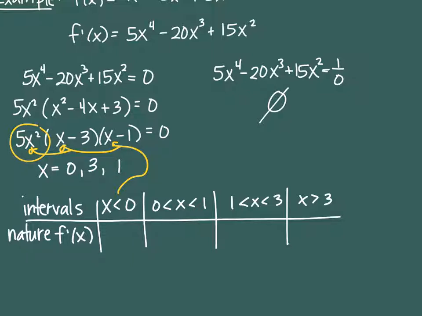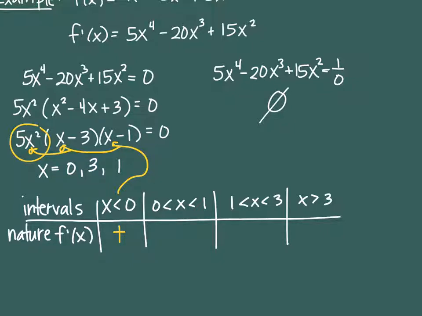What about x minus 3? A negative number. What about x minus 1? Okay, and so we're going to have a positive on the outside, 2 negatives on the inside. So the overall nature is a positive, which means that the behavior is increasing. Its slope is positive, and so the original function is increasing.